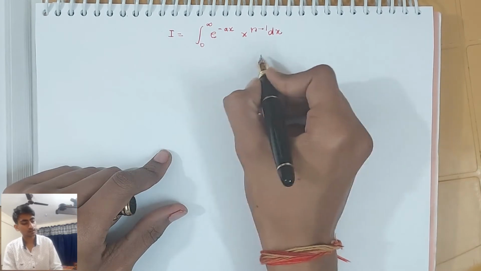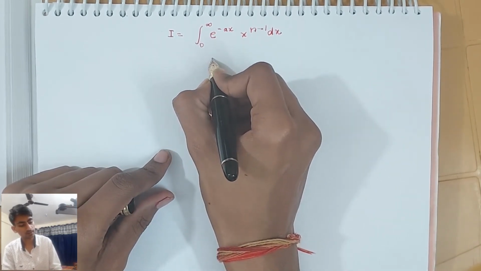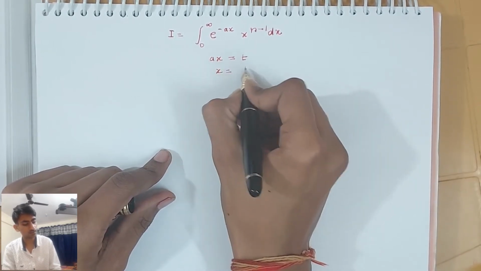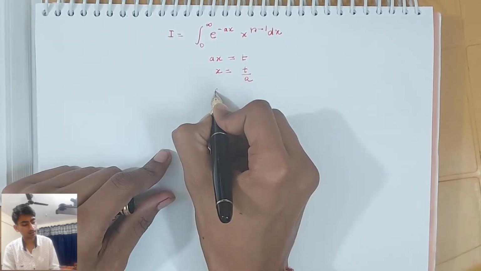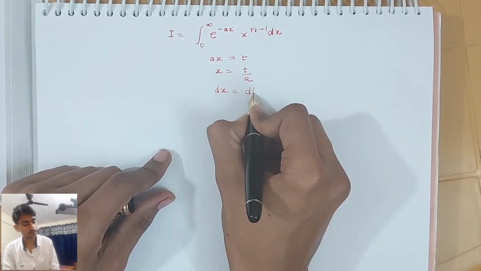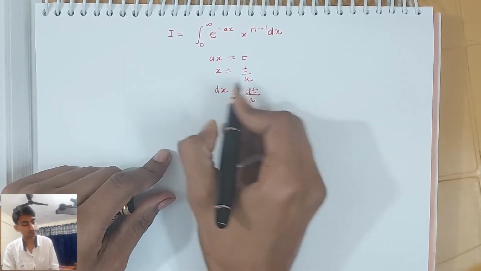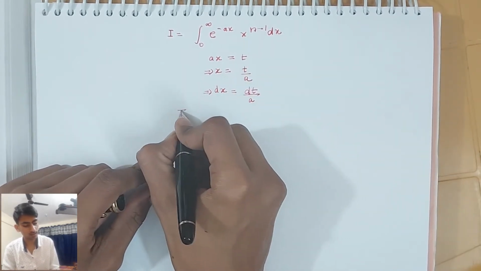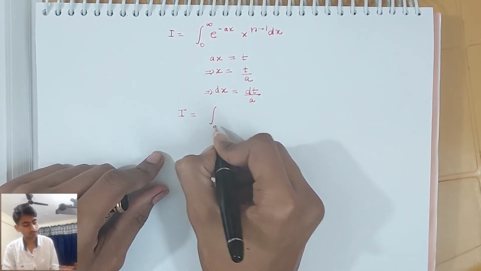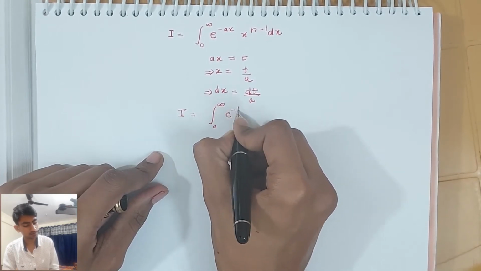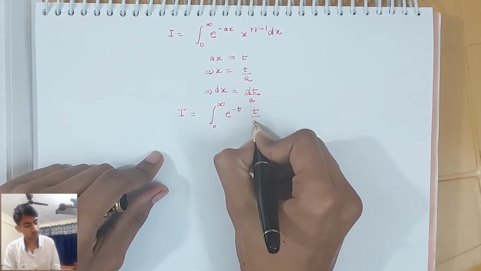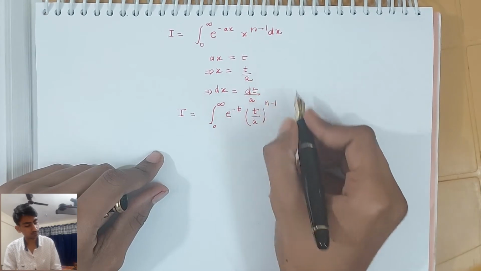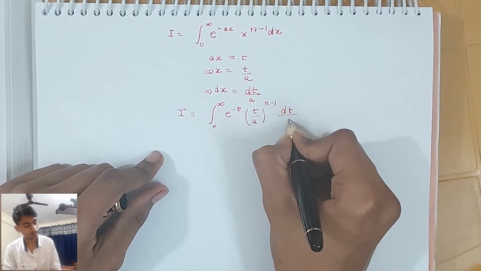Okay, so if we replace ax by t, we'll get x is equal to t by a, and dx is equal to dt by a. And if we substitute all these values in I, we will get integral 0 to infinity e to the power minus t, (t by a) to the power n minus 1. In place of dx, we will write dt by a.